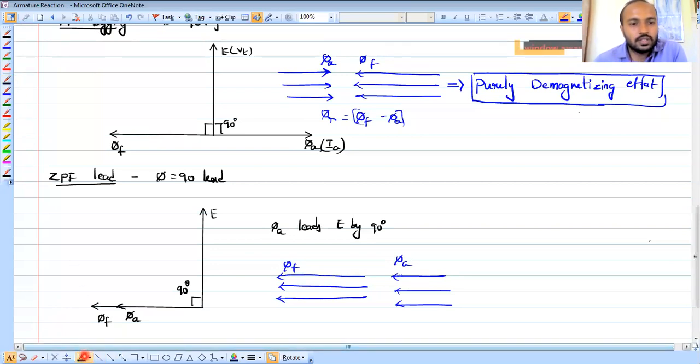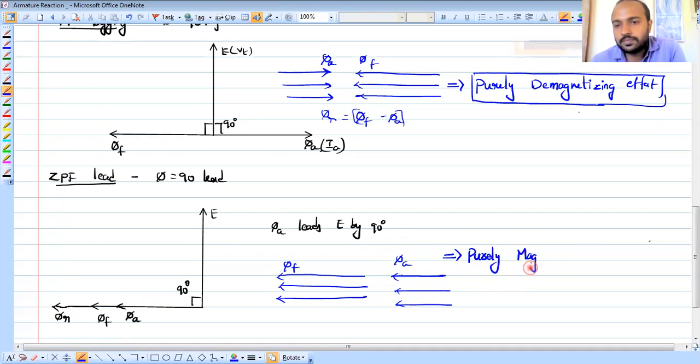Sum of these two is the resultant. So this will be the resultant magnetic field. So the amount of magnetic field is increasing because of this leading power factor. Then we call it a purely magnetizing effect.